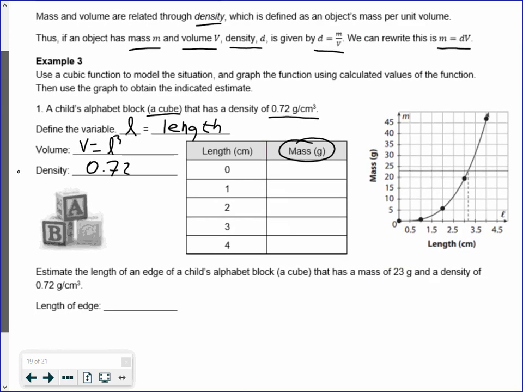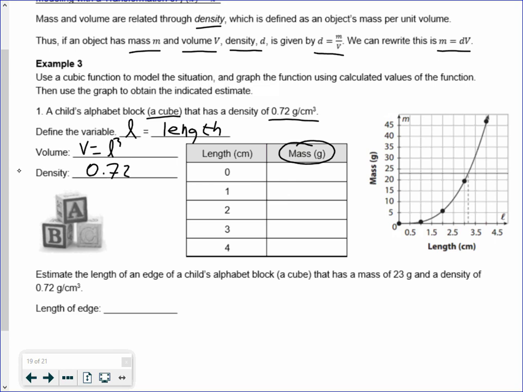So that's where this equation on the top right of your screen, M equals D times V, comes into play, because I'm solving for my mass. Mass equals density times my volume. I know my density equals 0.72, and I know my volume is length cubed. So mass equals 0.72 times L cubed.